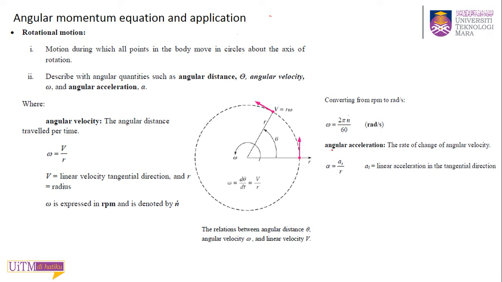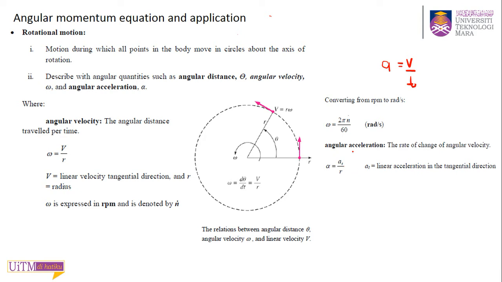To find the angular acceleration, it is similar. Your linear acceleration is just velocity over t. In this case for angular acceleration, you have the rate of change of angular velocity. So this at is your angular velocity over time, and because they move in rotation, we use the radius.